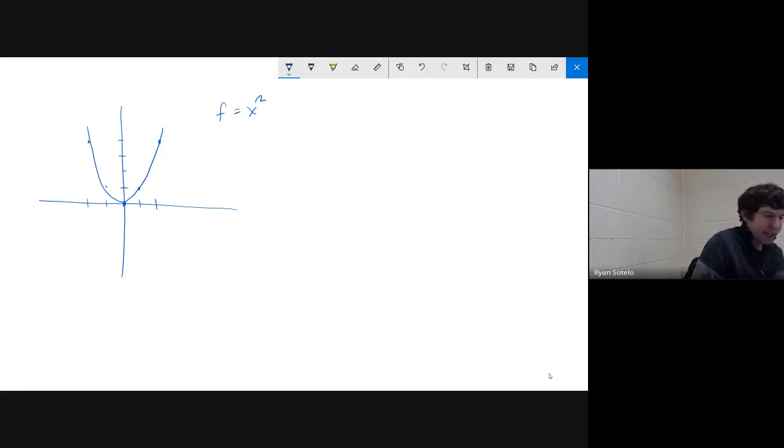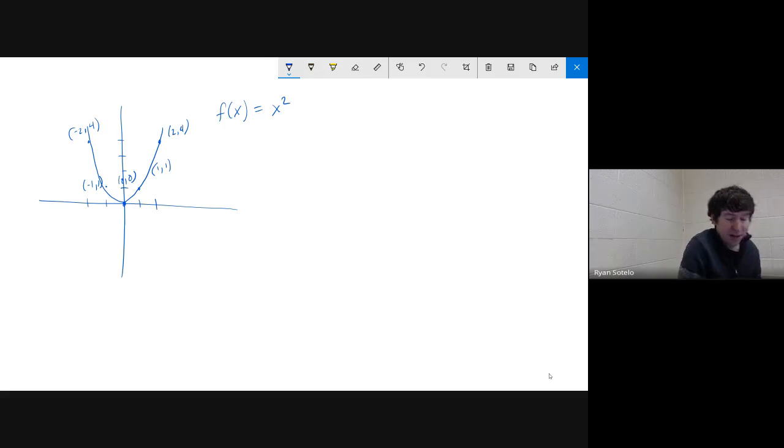Well, let me write that with the parentheses. There's my function, and I'll write the points. We have 0, 0. We have 1, 1. We have 2, 4. And then you have minus 1, 1, minus 2, 4. The y values are just the square of the x values.